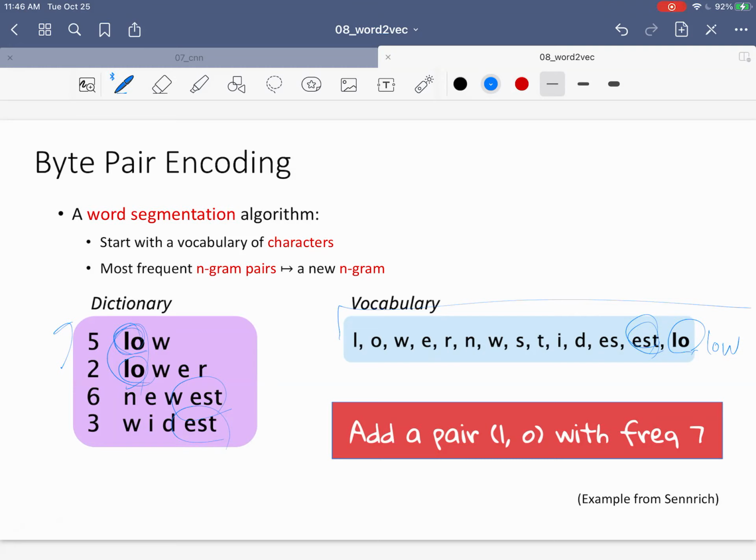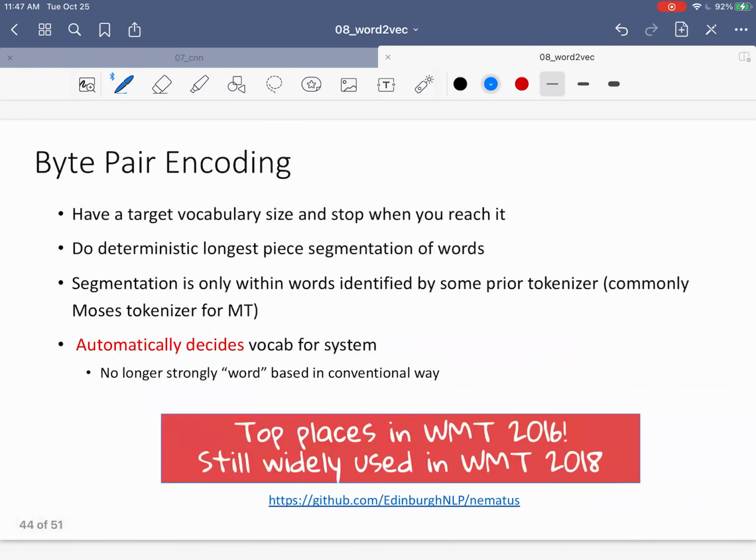You need to predefine the size of your dictionary, and then you run your for loop until you reach your dictionary size. So that's byte pair encoding. It's pretty easy, right? You have a target vocabulary size, and you stop when your dictionary is the size of your preferred target.